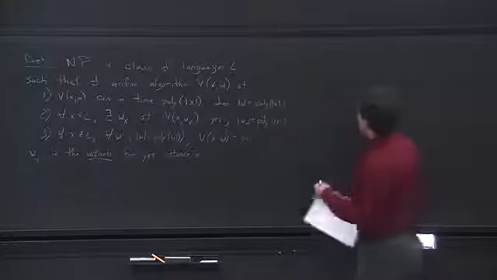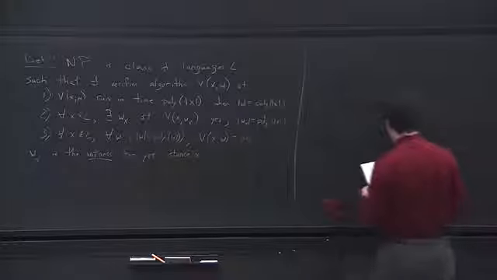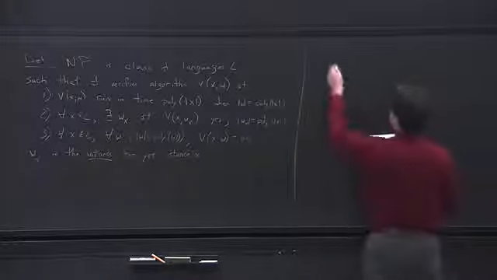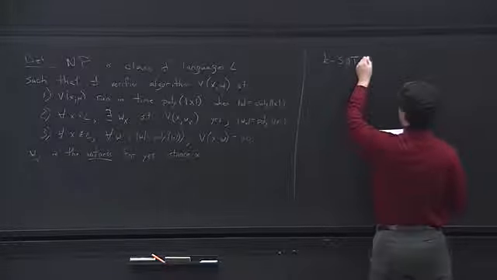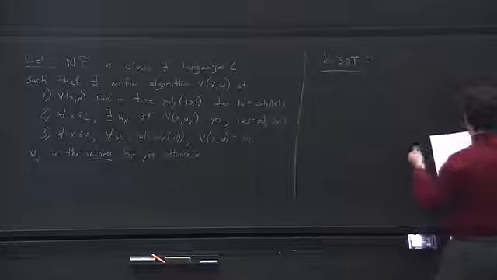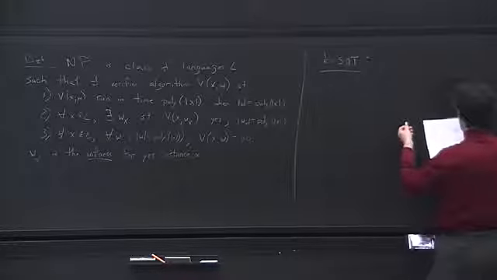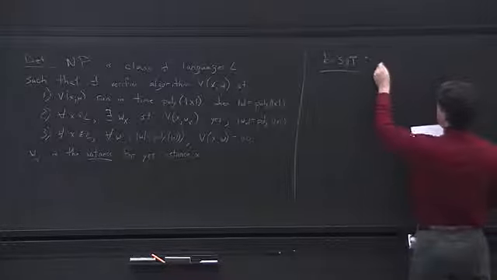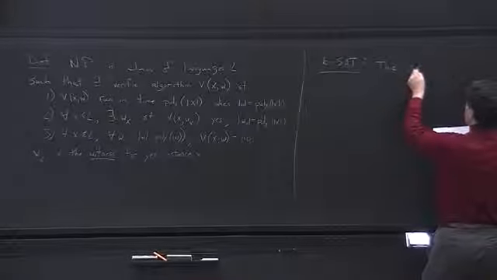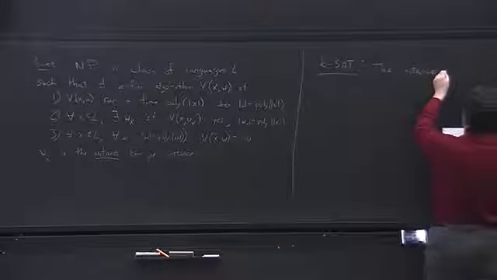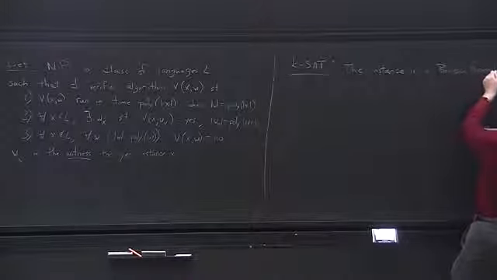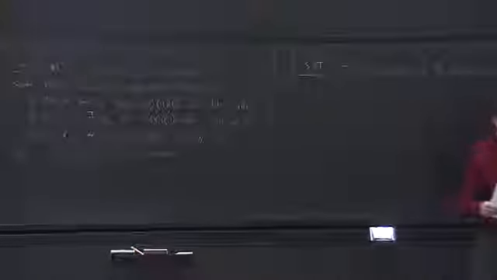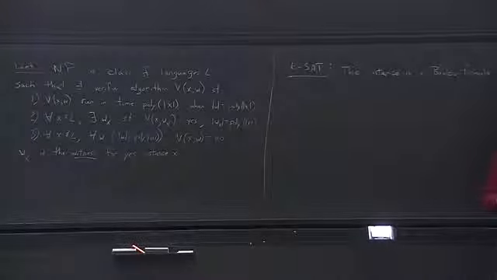And let me give you a concrete example of a problem in NP. That's the problem KSAT, for K satisfiability. So the instance is a Boolean formula. A Boolean formula is one that acts on variables.